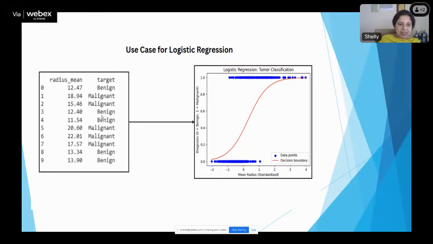It's a simple idea. Just analyze the data set, see this column, and think above which threshold they will be classified as malignant, and below that threshold they will be classified as benign.